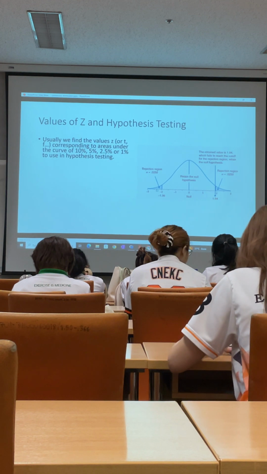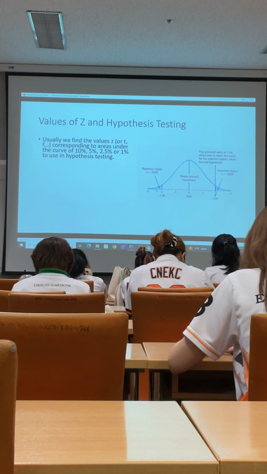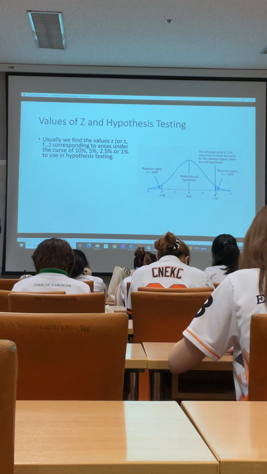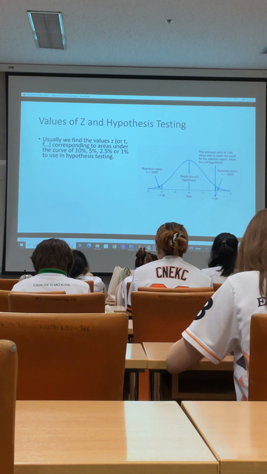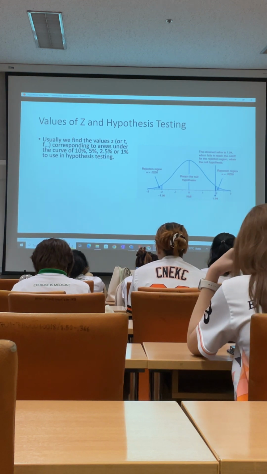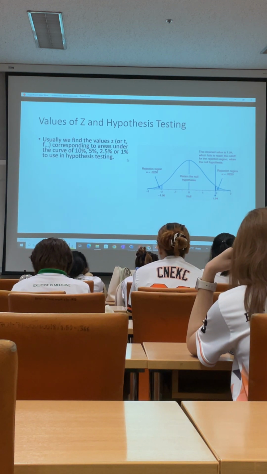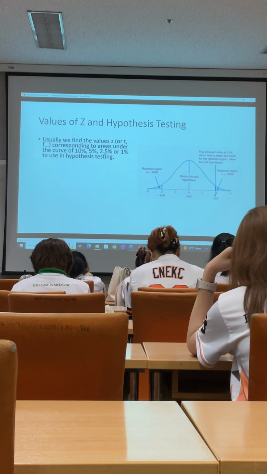Again, the probability of happening here is also 2.5%. So in hypothesis testing, we want to set a certain criterion for rejecting some hypothesis. If this hypothesis is true but the chance of happening is only 2.5%, maybe we have to reject the null hypothesis, for example, right? So usually we set the area here to be 10%, 5%, 2.5%, or even 1% in some cases.